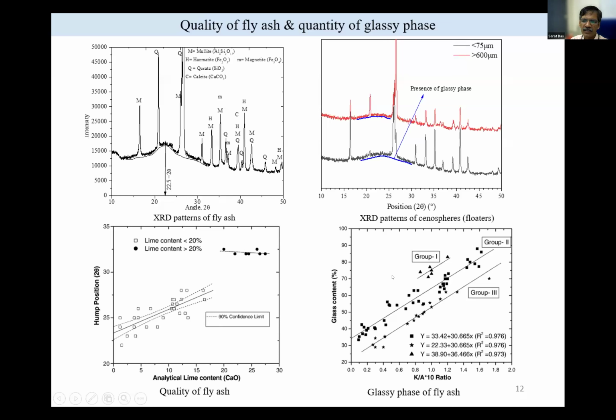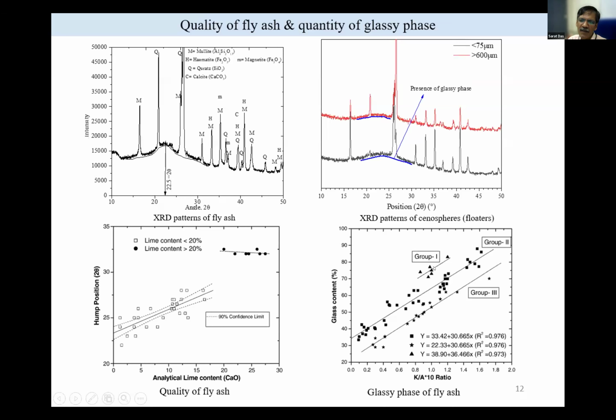Then I collected the information to find out how much glassy phase is there. From the X-ray diffraction we can find it out, but being a civil engineer, we always try to find some small tricks. So based on a ratio, I found this. This is fly ash I collected from 1950s till 2000, so it is a wide variety of collection from different parts of the world.